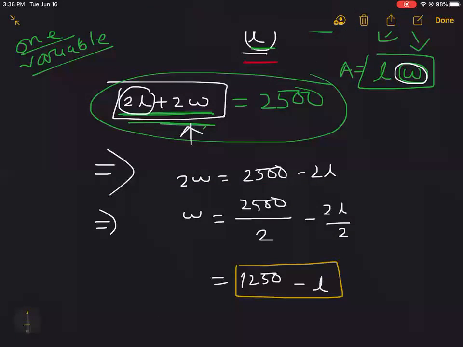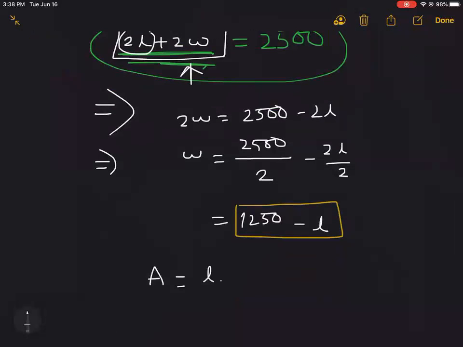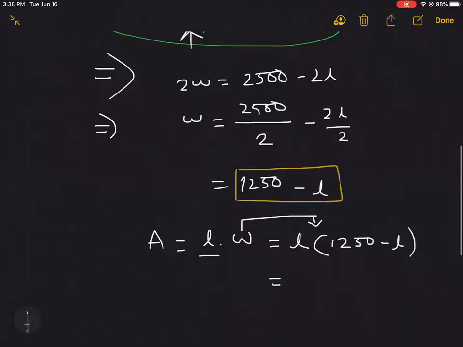Now we'll replace it in our formula for the area. So L will stand as it was, and we'll replace the value of W, which is 1250 minus L. If we simplify it further, you can see 1250L minus L squared.